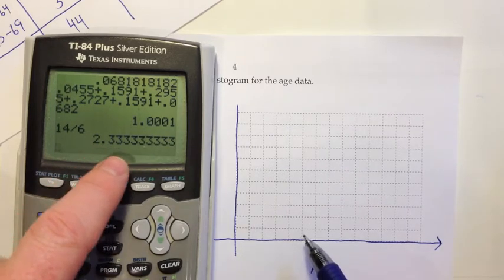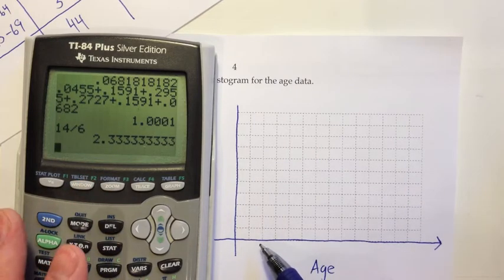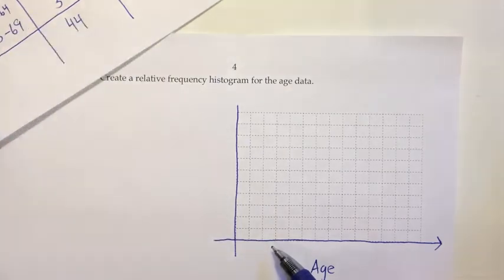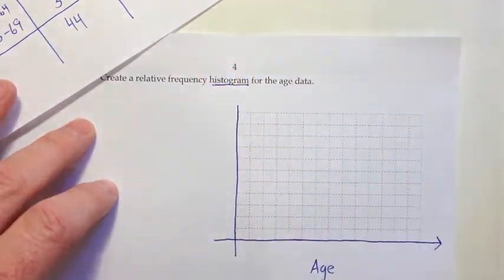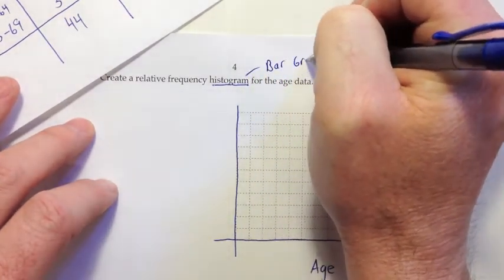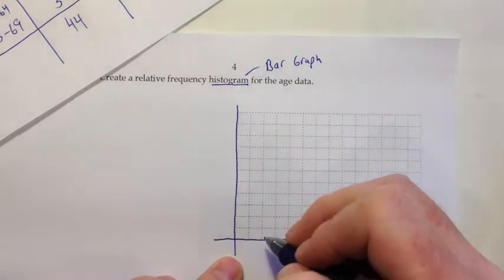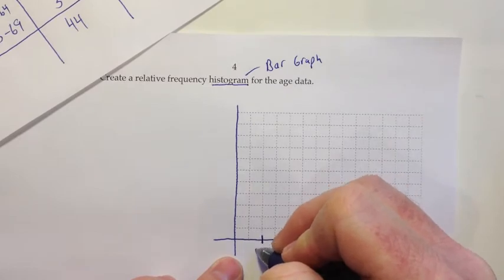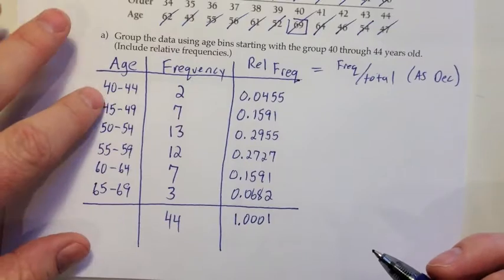Well, I don't want to use a decimal amount, but it does look like there's room for me to make each of the bars in my bar graph 2 squares wide. And I think it's worth noting, we'll see this a little bit further down the page, that a histogram is a type of bar graph. We'll get a little bit more detailed on the definition down below. So when I go to do this, if I'm going to make each bar 2 wide, I might go ahead and start here with my first lower limit on my classes, which was the 40.